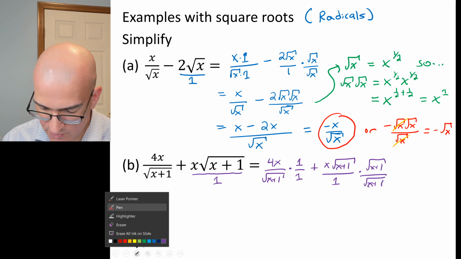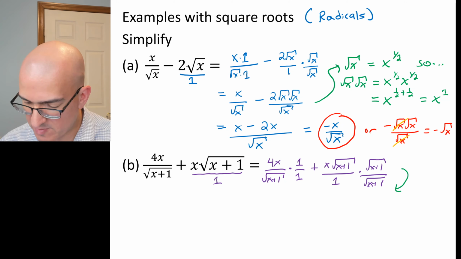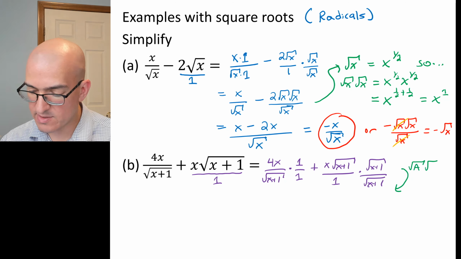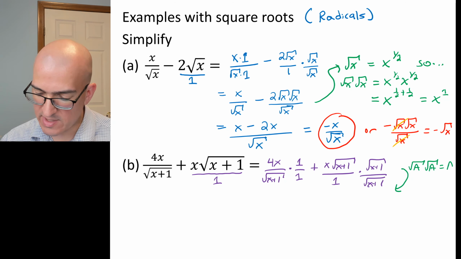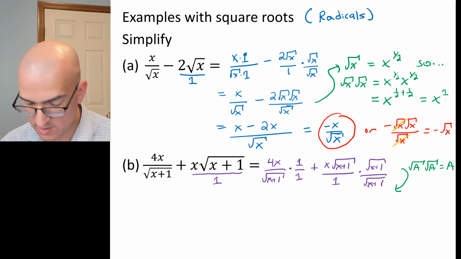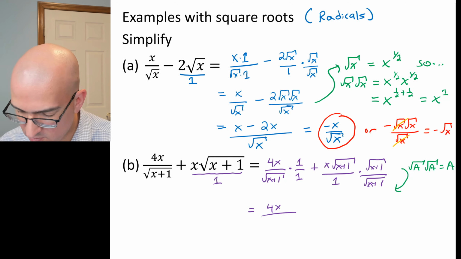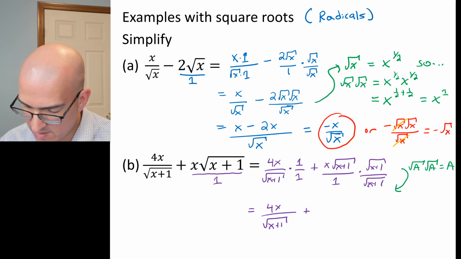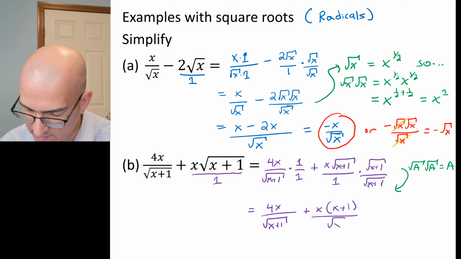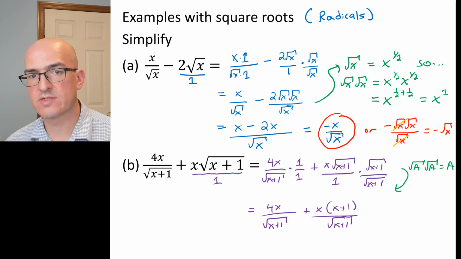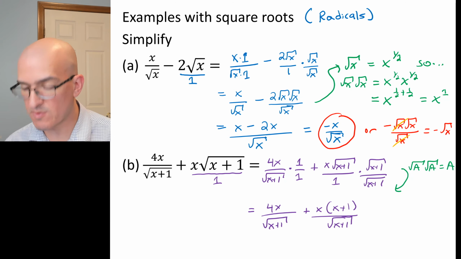I'm going to use the rule that was previously established up above, that root x times root x is equal to x, but I'll generalize it: root a times root a equals a, from the laws of exponents. So we have 4x over the square root of x plus 1, plus x times x plus 1 over the square root of x plus 1, since root x plus 1 times root x plus 1 is just x plus 1.